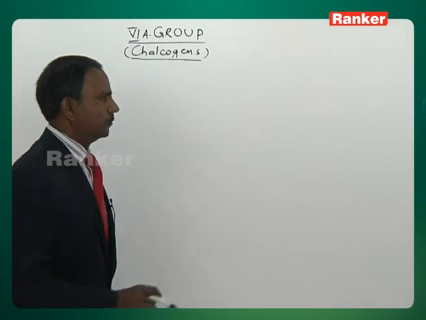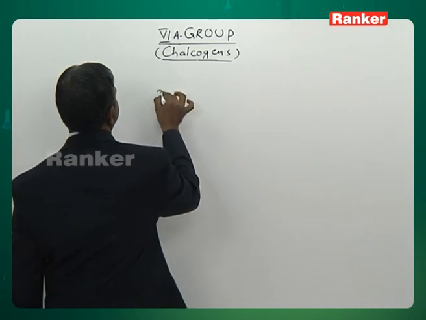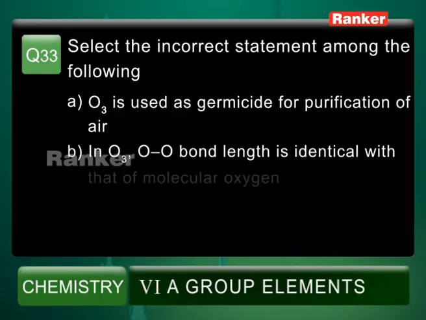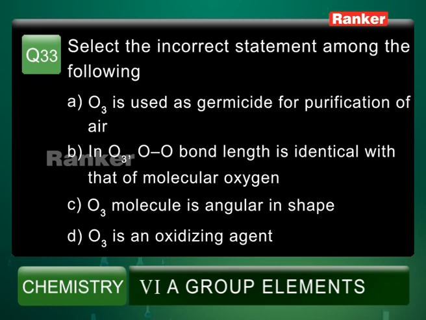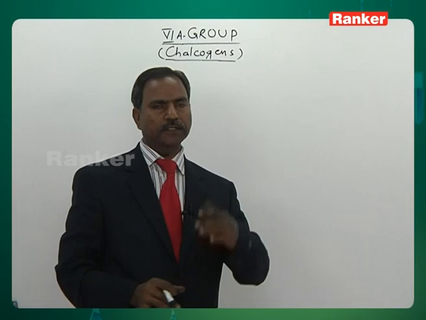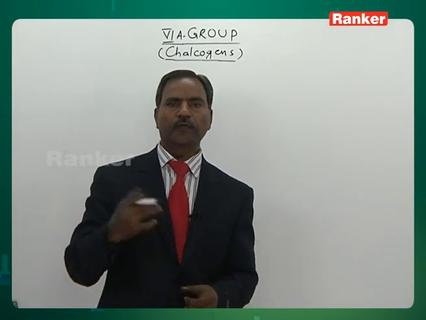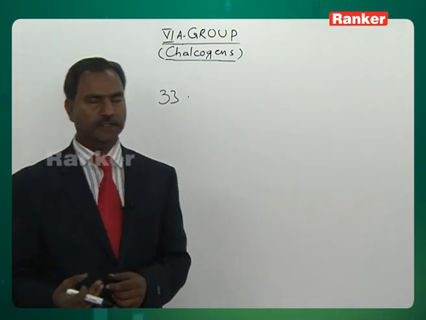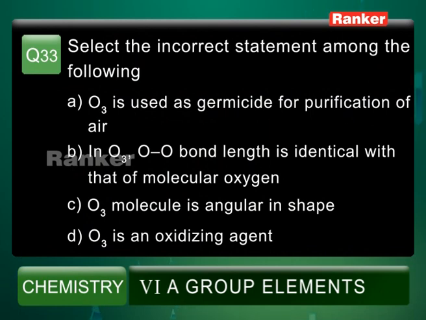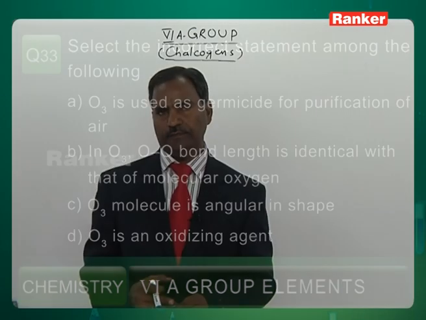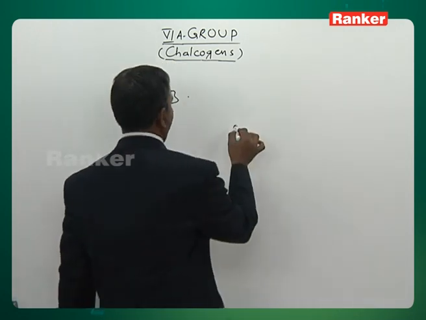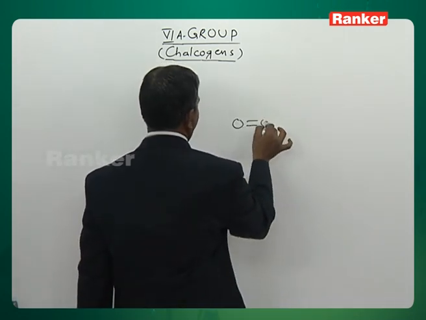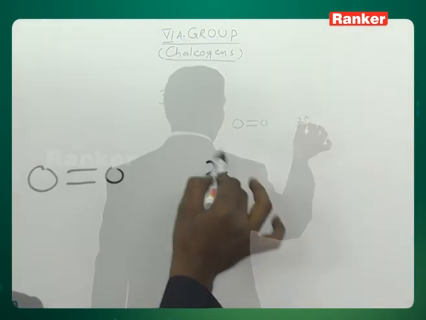Question number 33. Select the incorrect statement among the following. Option A, O3 is used as a germicide for purification of air. Yes, O3 is generally used for purification of air and water because O3 decomposes to produce nascent oxygen. Option B, in O3, the O-O bond length is identical to that of molecular oxygen. No. In molecular oxygen, O=O, the bond order is 2.